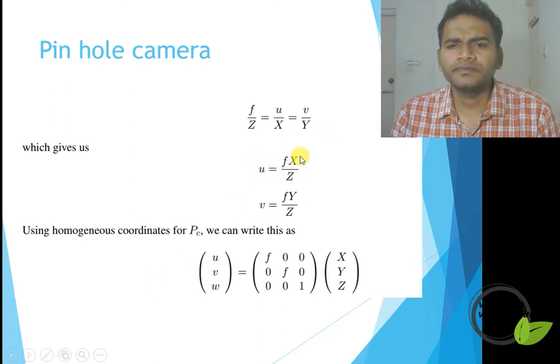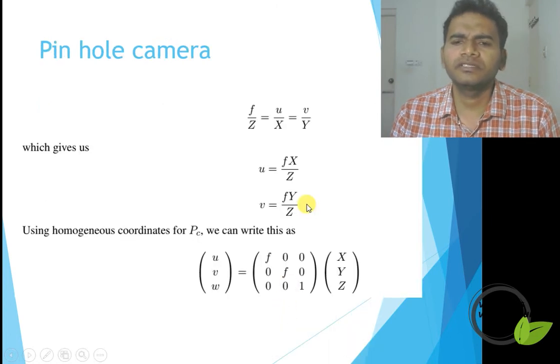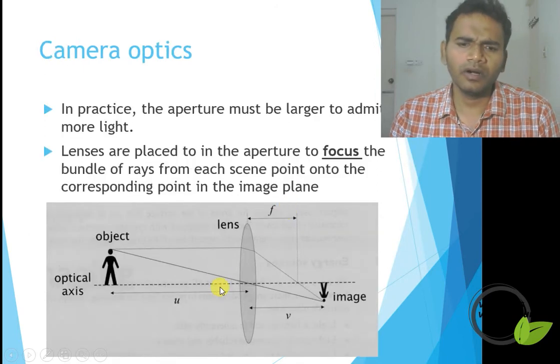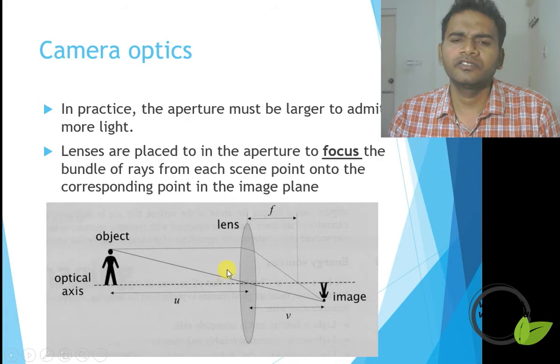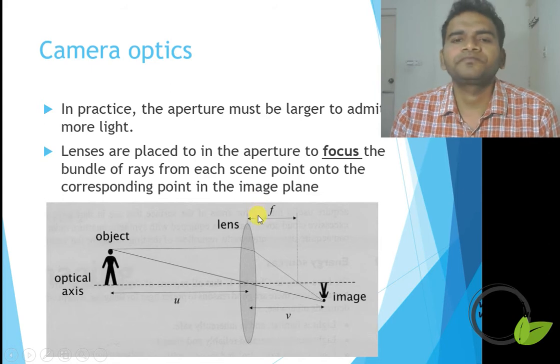U is f into x by z, where f is the focal length. Similarly, V also has a direct correlation with the focal point, f into y by z. So all these three terms are interrelated, and you cannot skip any of them when selecting your camera optics.